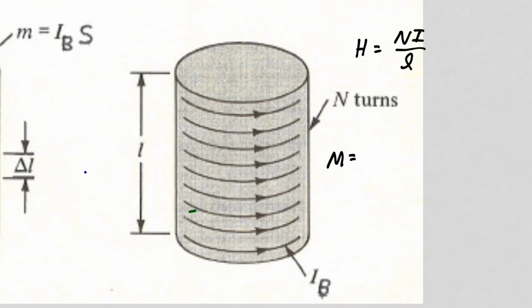So the units of magnetization will be amps over meters, just like the magnetic field intensity.